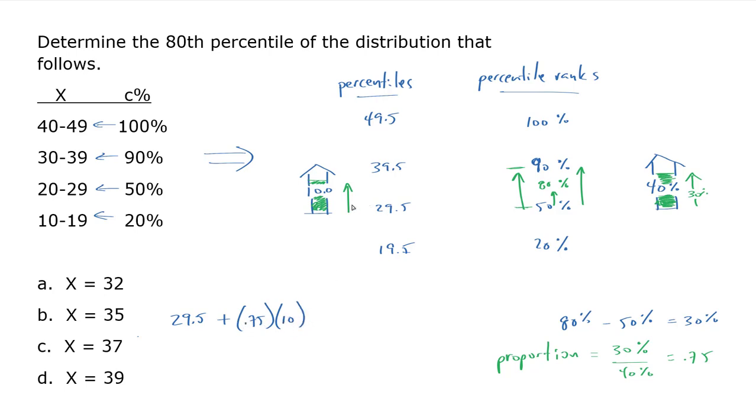That's going to give us the value that goes with 80%. So 0.75 times 10 is equal to 7.5. 29.5 plus 7.5 gives me 37. So 37 is the value that goes with 80%. The 80th percentile of the distribution is C, 37.